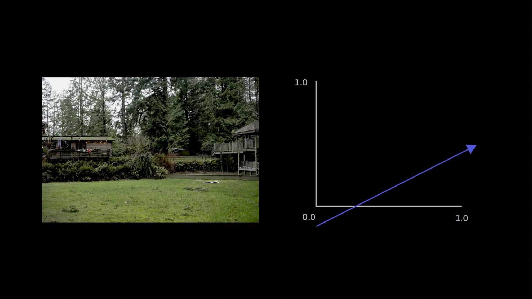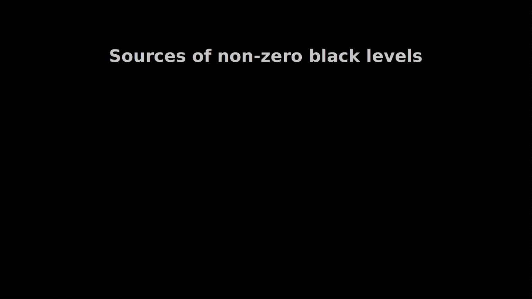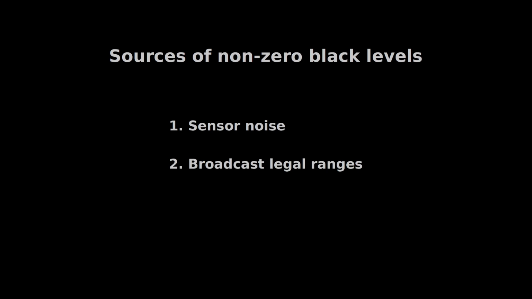But to do that properly, we're going to want to have some understanding of the causes, the sources of these non-zero black levels. So I'm going to be covering 3 that I think are particularly important to have at least some knowledge of. The first is, of course, sensor noise. The second is broadcast legal ranges, which also goes by the terms broadcast safe ranges, broadcast legal color, broadcast safe color.